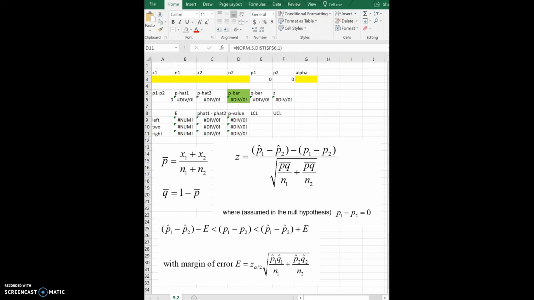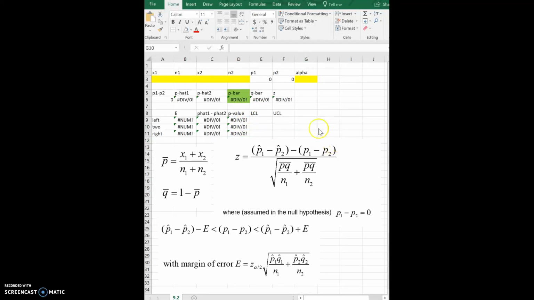I'm going to leave it like this, though, because I think that makes more sense for you all. So then if it's a right tail, it's going to just be 1 minus, like we have been doing for all of them.